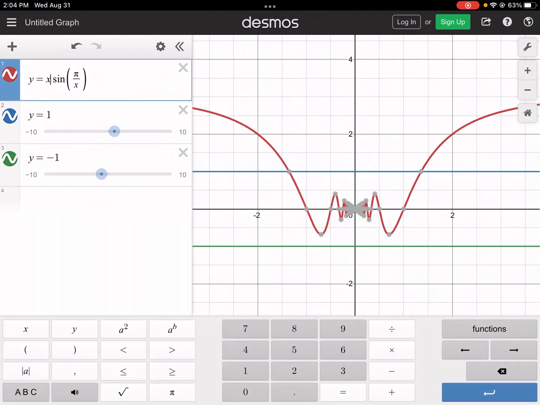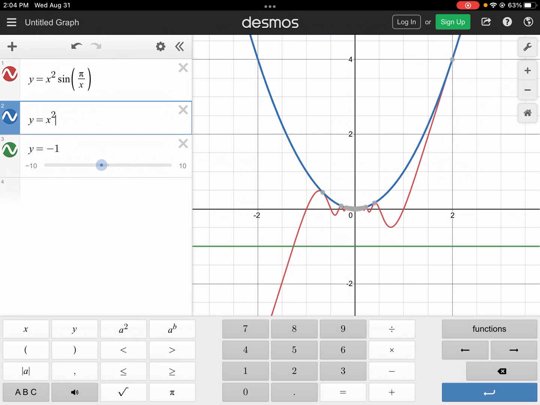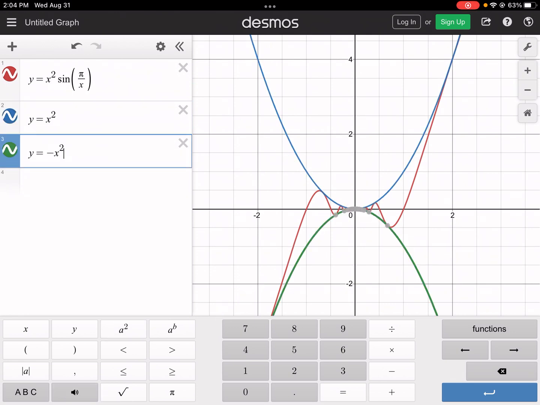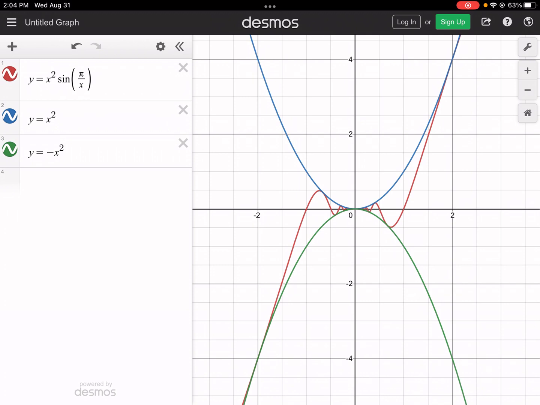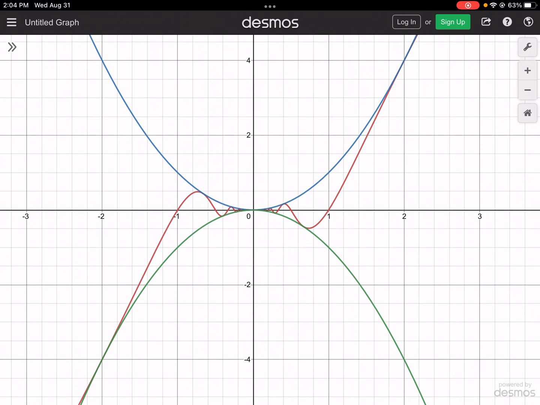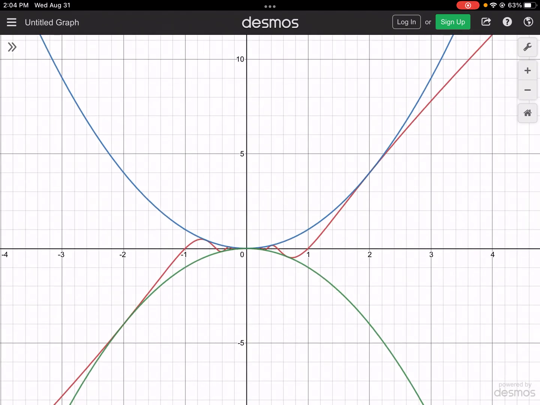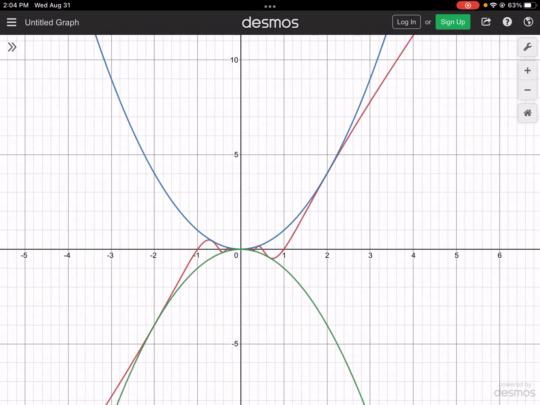Instead, let's graph the function x squared times sine of pi over x. Let's graph x squared, and let's graph -x squared. So, at least for this range, we can see that the red curve, x squared sine of pi over x, is confined between those two functions, just like before with y equals 1 and y equals -1.